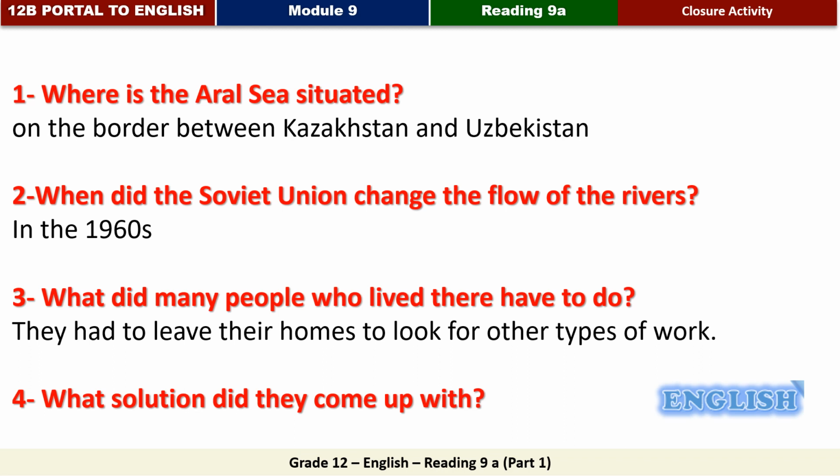What solution did they come up with to face this catastrophe? What solution did they come up with? Very good. To construct a dam. Excellent. Very good.